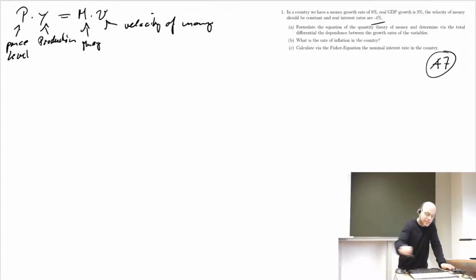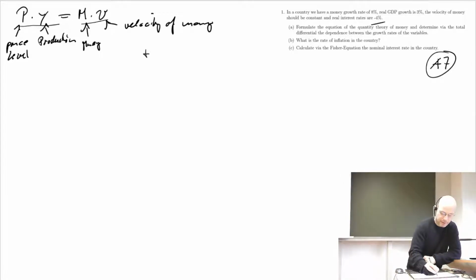At a first glance, we have a quite complicated mathematical operation, because we are multiplying our aggregates. In order to obtain a dependence of the growth rates of these four variables, we use a mathematical trick: we take the log of both sides at first.